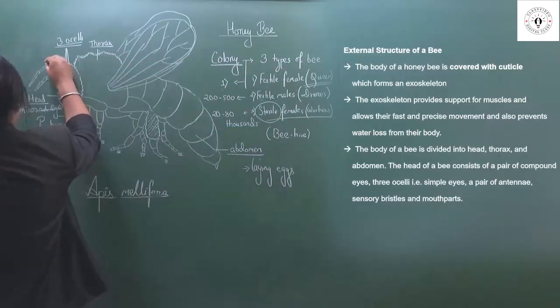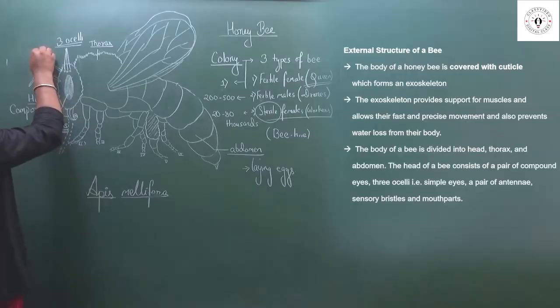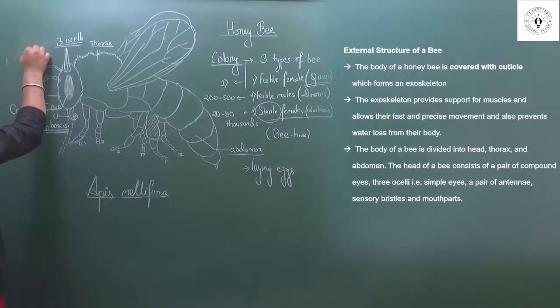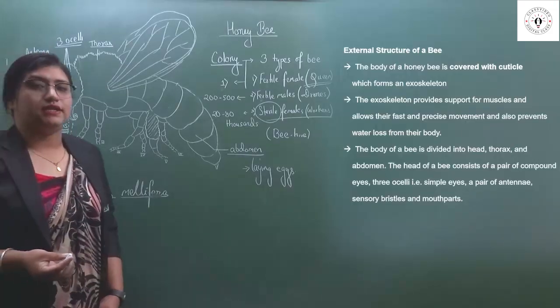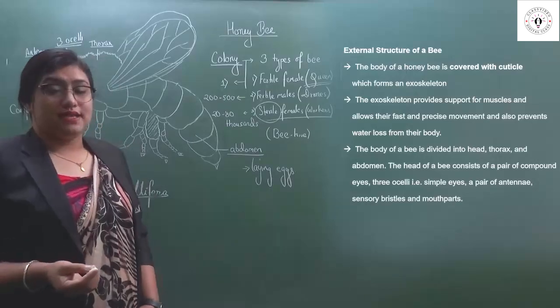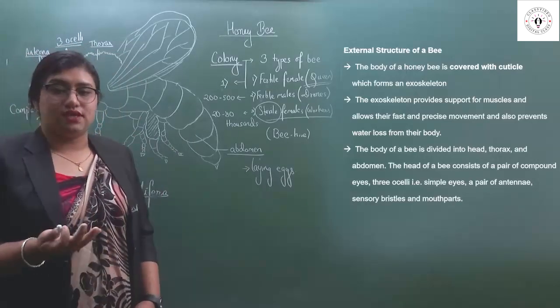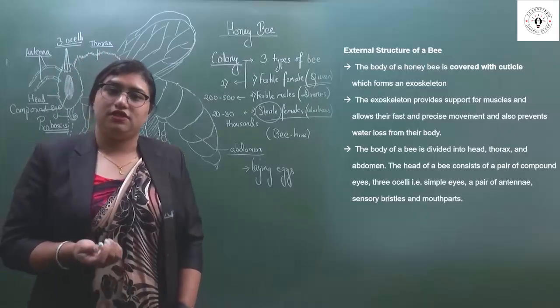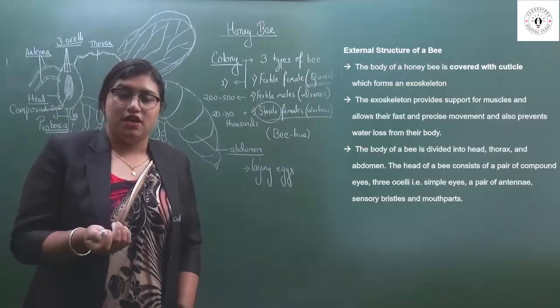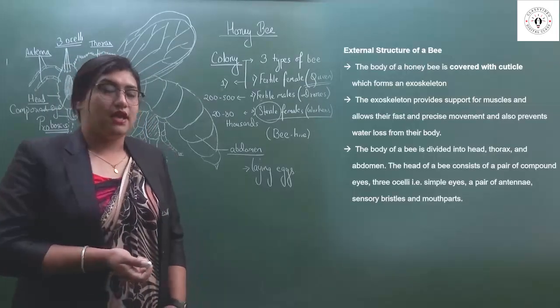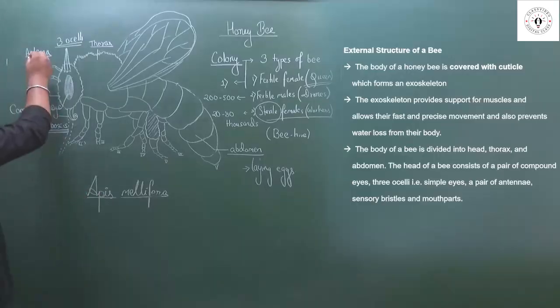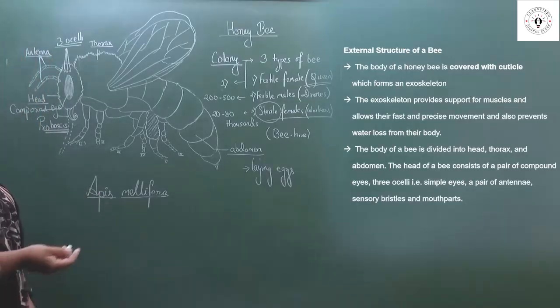Next, there is a pair of antennae. We all know that the antenna is one of the responding sense organs which allows the honeybee to know about touch or even the presence of intruders. And also next is the food connections.